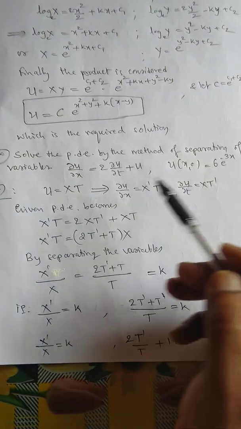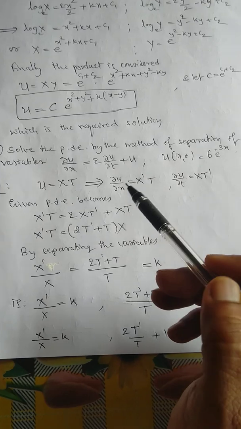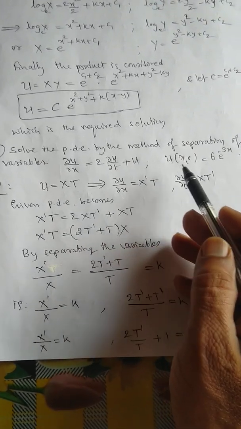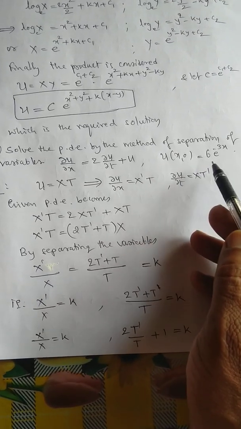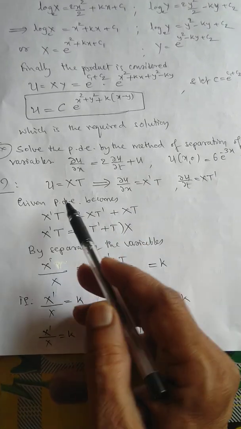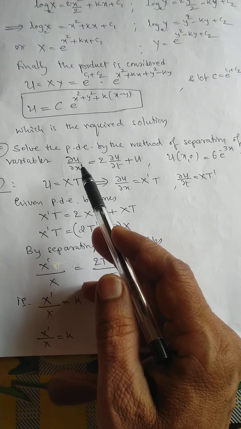In this problem we calculate the particular solution because the additional information is given, that is u(x, 0): at time t equal to 0, u is 6 e raised to minus 3x, a function of x.